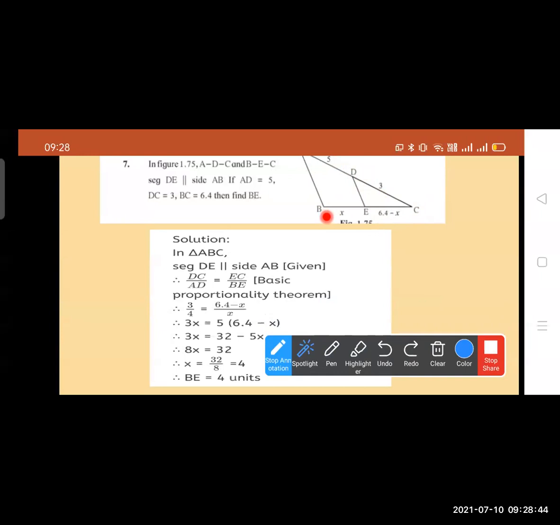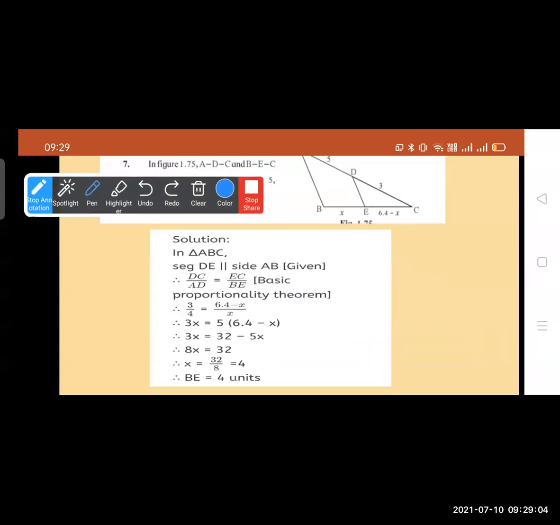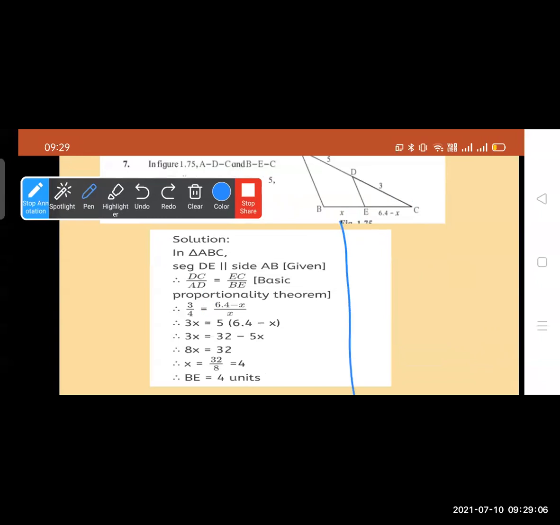Before that, they give BC is 6.4. So here we consider BE as X. If BE is X, then EC is 6.4 minus X. Or in another way, you can directly write from this DC by AD is equal to EC by BE.